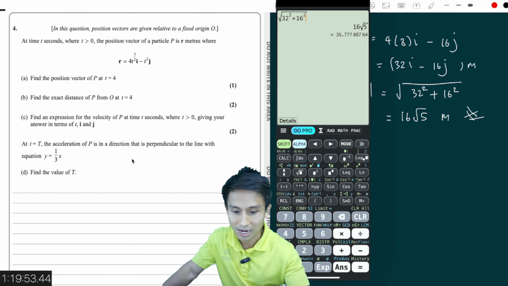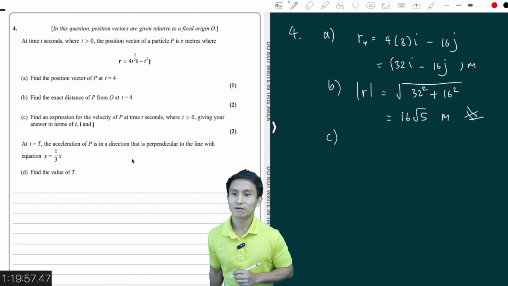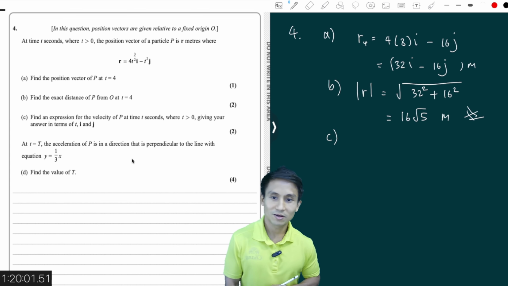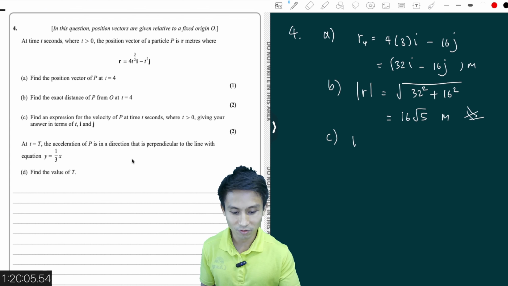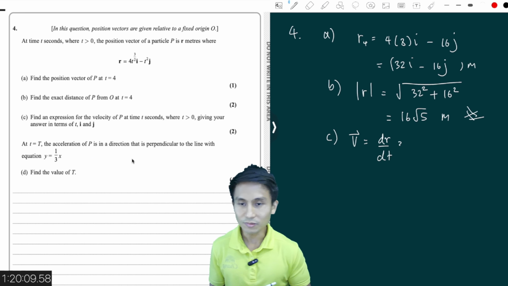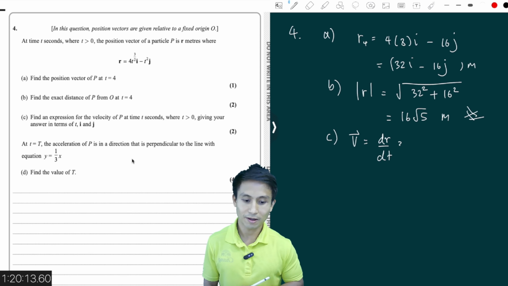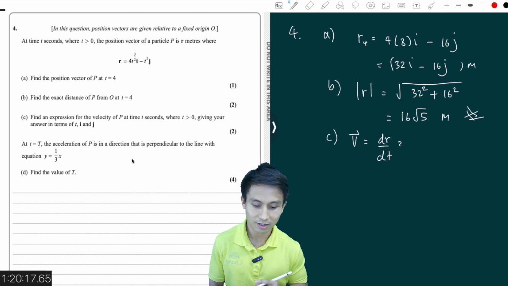So that's exact. And then C, find an expression for the velocity of P at time t seconds, t greater than 0, giving your answer in terms of t, i, and j. So velocity vector is just dr by dt. So t to the power of 3/2. Wait, hang on, let me check my calculation. Yep, that's fine.